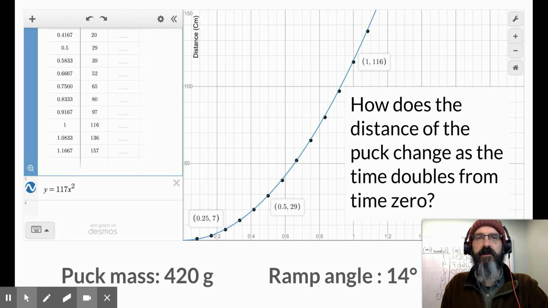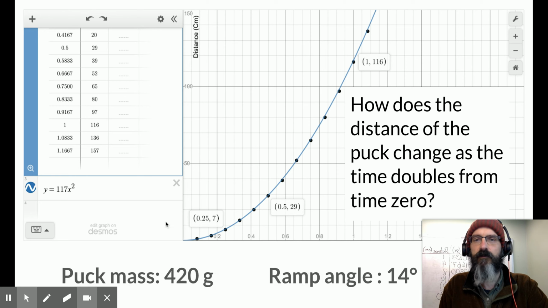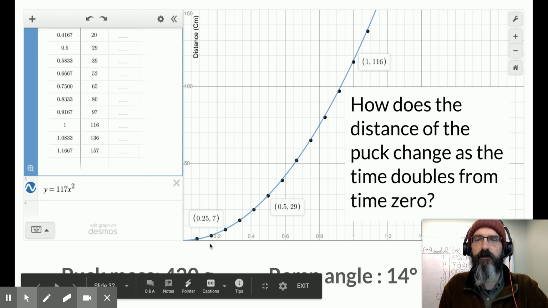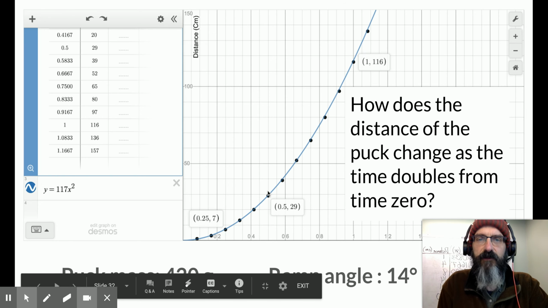Another thing I want us to consider is, how does the distance of the puck change as the time doubles? So here we have time: we're looking at time 0.25, time 0.5, and time 1. From 0 to 0.25 is 1/4 of a second, and then we double that to 1/2 a second and double that to 1 second.